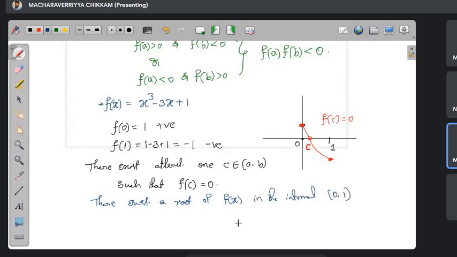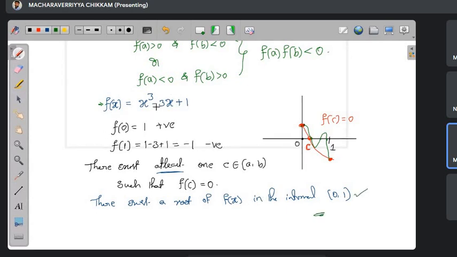See, here I have written at least. Why? Because you may have more than one root also, because the graph may be like this also, isn't it? So in this case, you can see 1, 2, 3. There are 3 roots, if the graph is this.